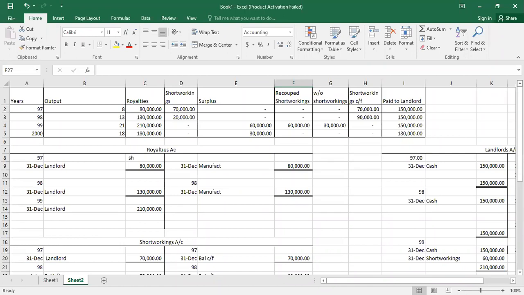If you go through our entries, we appreciated that if at the end of the financial year we are going to have any short workings that is to be written off, we are going to debit the manufacturing account and credit the royalties account. And then to recognize it as an expense, we are going to debit our P&L and credit the short workings account, isn't it?